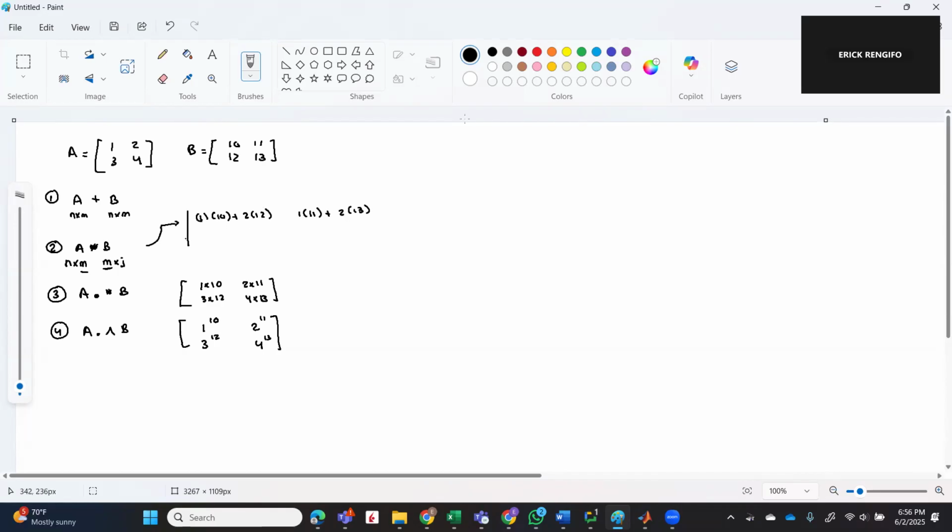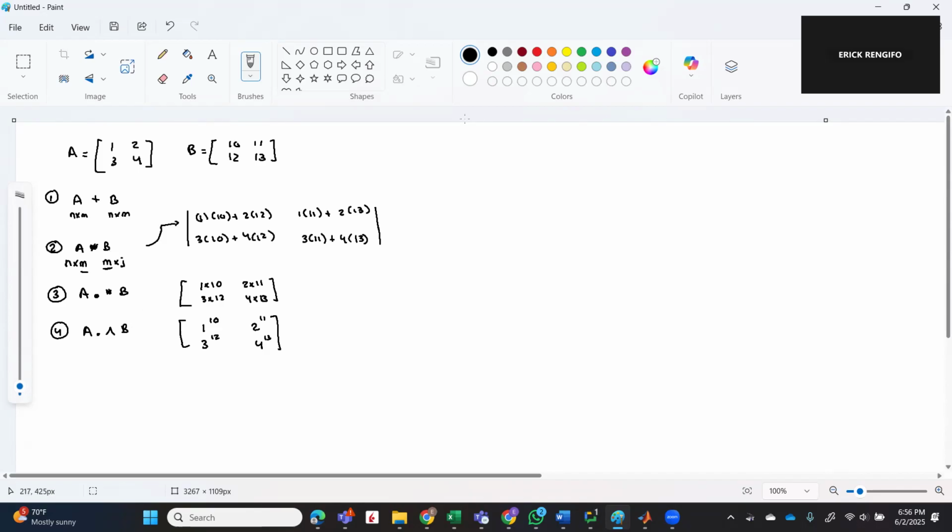The other one is going to be 3 times 10 plus 4 times 12. And the last one is going to be 3 times 11 plus 4 times 13. Okay, so I'm noting these two because they are different. The simple matrix multiplication is not the same as an element by element multiplication. Do you agree? Element by element, you take 1 by 1, and you simply multiply 1 by 1.